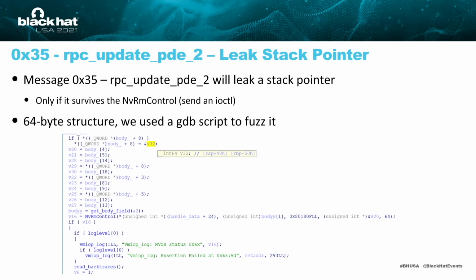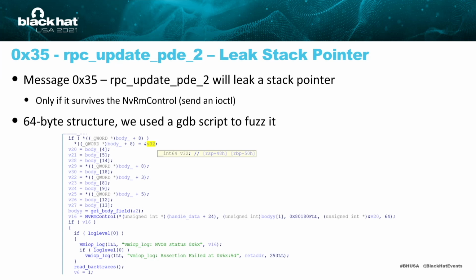And this stack pointer will remain in the vRPC body and return to the guest. This is a perfect information leak because, assuming the guest's vGPU Manager is like a single thread, the stack pointer it returns here will always have the same offset relative to the start of the stack area.